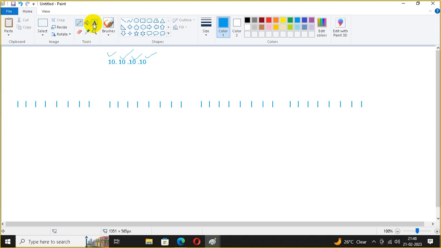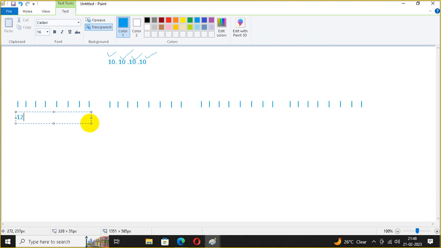Now each bit has a certain index number: 128, 64, 32, 16, 8, 4, 2, 1.